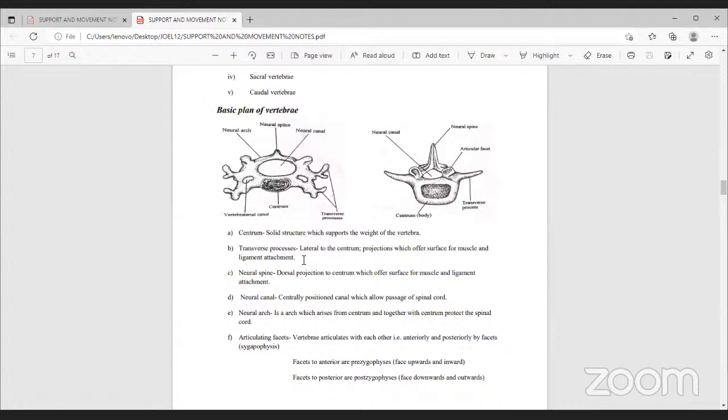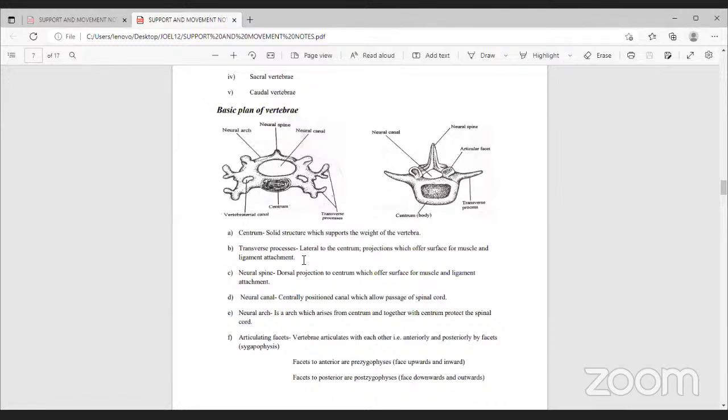So when I say the basic plan of vertebrae, I'm trying to say, what can we see in the bones from the first bone of the cervical vertebrae, that is the atlas, all the way to the caudal? We have some features that are common in all the bones. They have the same function.